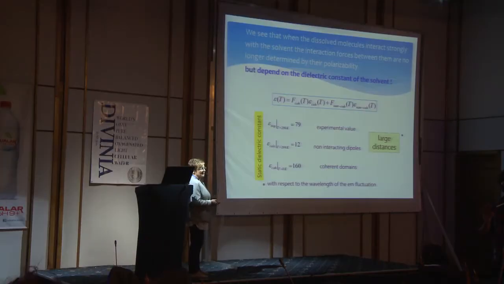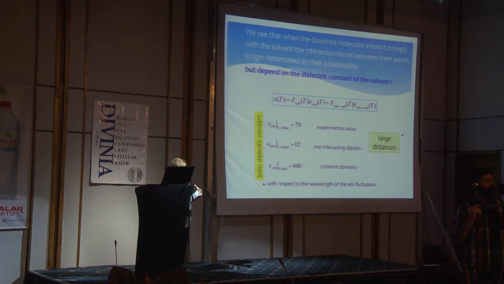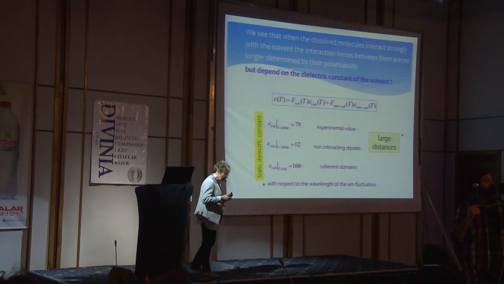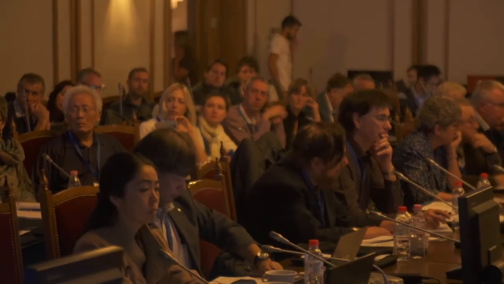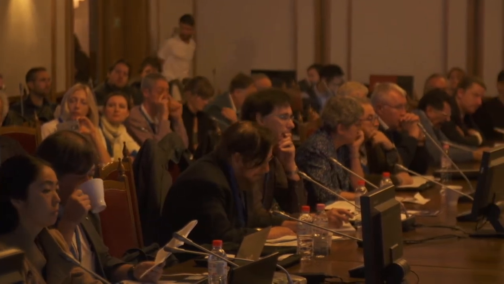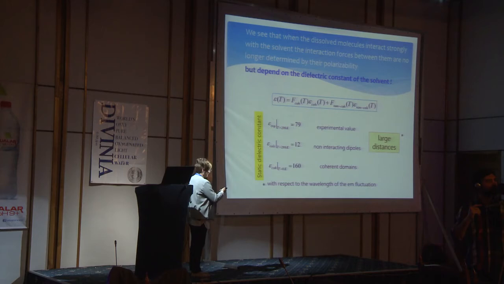And they have very, very different values, because I showed you that in a coherence domain the electronic cloud is very broad and easily deformable. The polarization is due to deformation of these clouds of electrons. In the case of an isolated molecule, the polarizability is only due to the alignment with the external field. So we can have very different values.